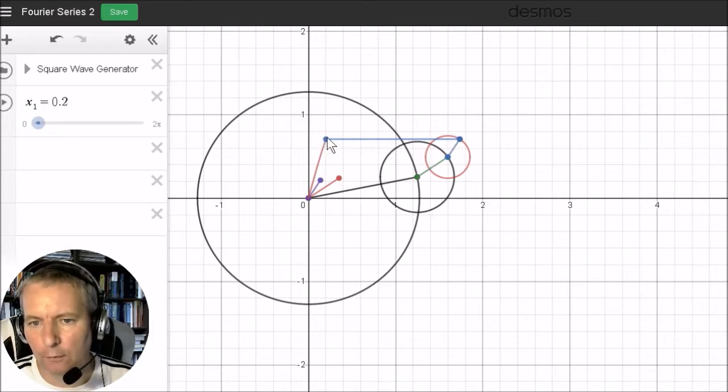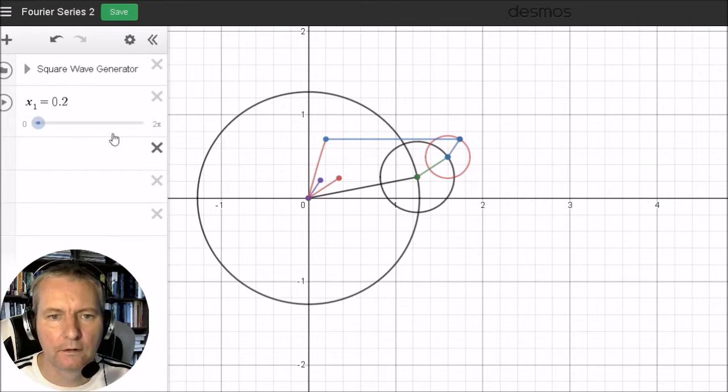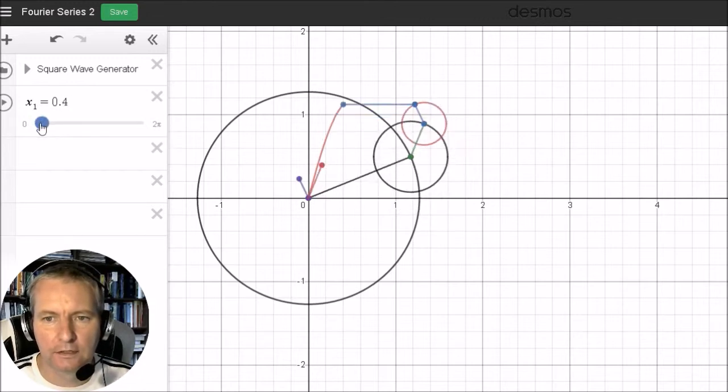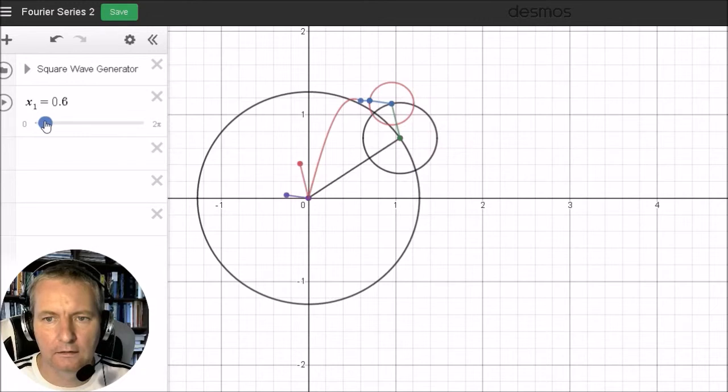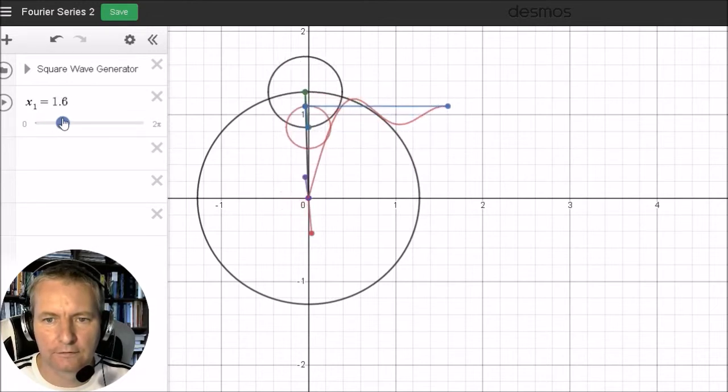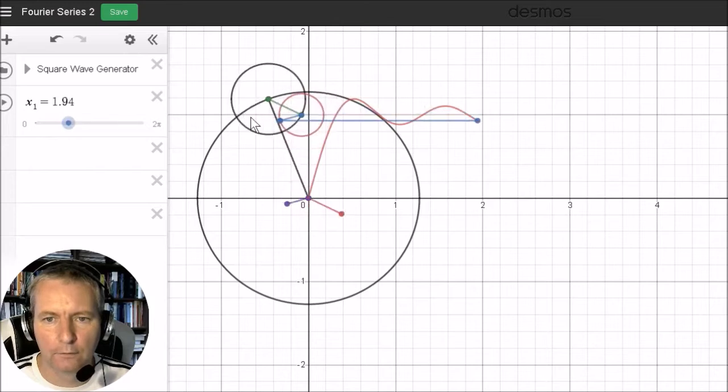So you just need to follow this point. This point here is basically the height of this little point, and it will map out the square wave. We'll let that run along, and we'll see it happening. So you can see that height, it's mapping it out up and down. You just follow this little blue dot here, and it'll map out this square function.